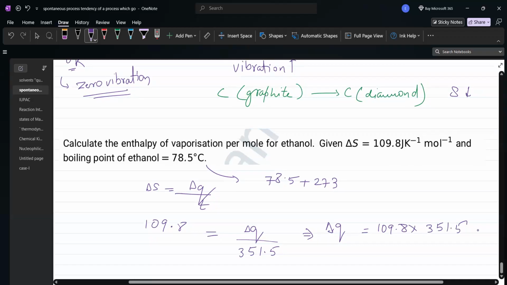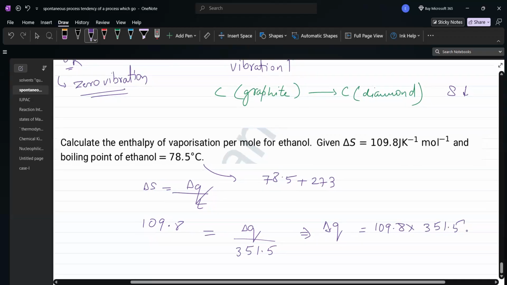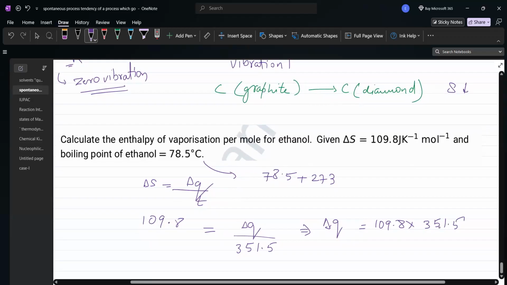Got my point? For the unit purpose, see, entropy is given in joule per Kelvin per mole. The Kelvin will cancel out, and the answer will be in joules per mole, right?